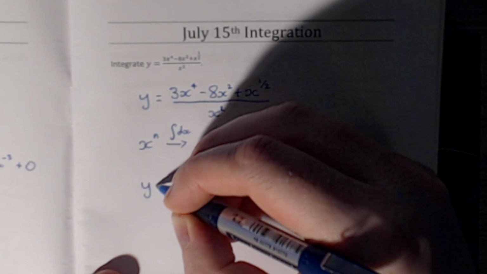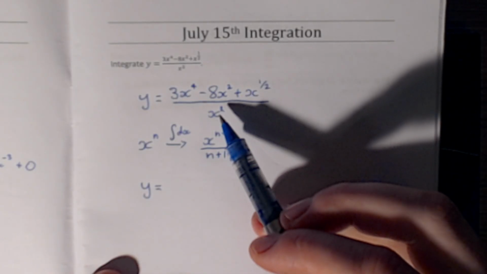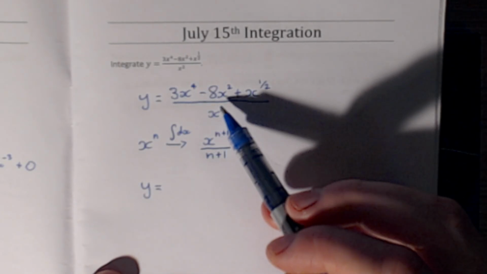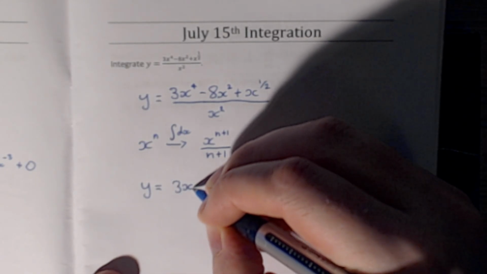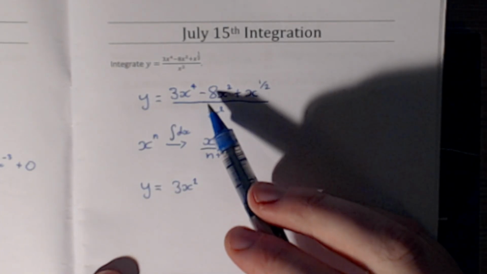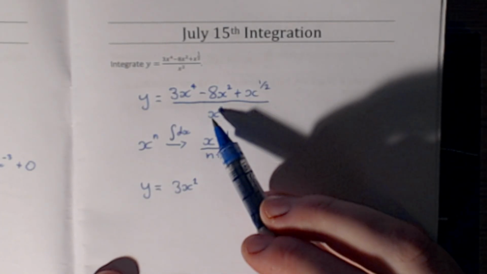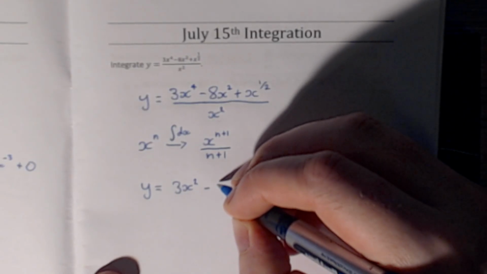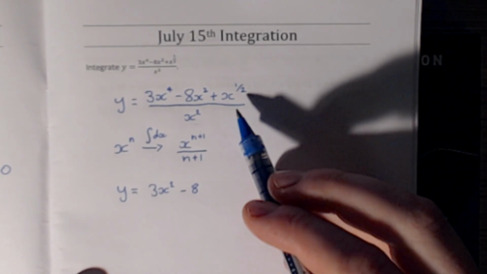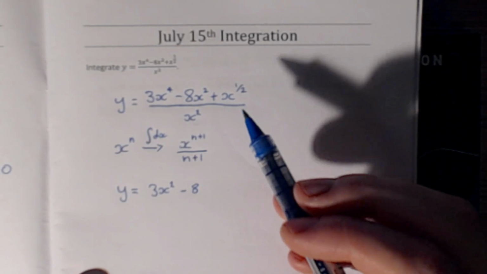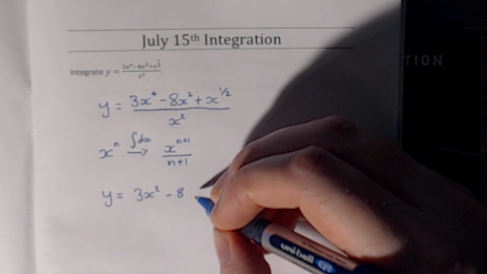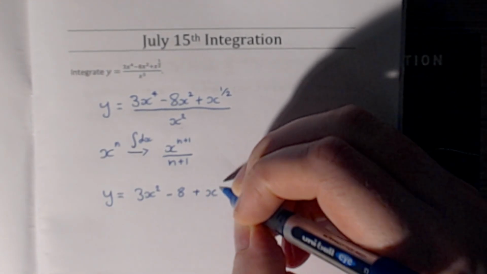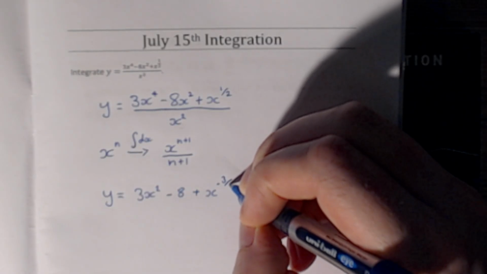We can rewrite this as y, well, 3x to the 4 divided by x squared is going to be 3x squared. We've got minus 8x squared divided by x squared, well, that's just going to be minus 8. And x to the power of 1/2, slightly trickier, but again we're just subtracting 2 off it. We get x to the negative 3 over 2.